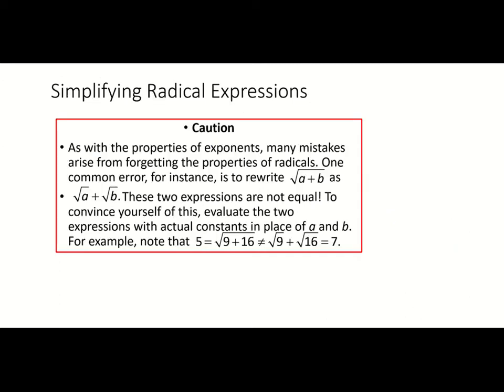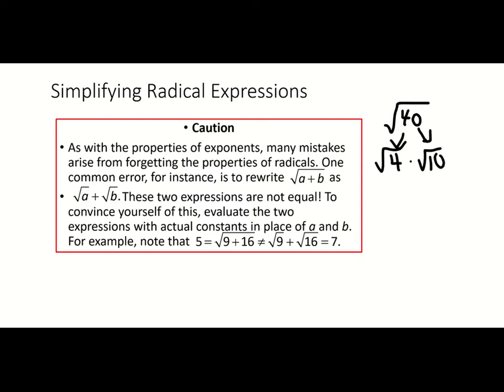All right, and here, just a word of caution when we're working with radical expressions. One thing to remember is that even though if we have a problem like we did earlier, the square root of 40, and I could break that down into 2 factors. So I could do the square root of 4 times the square root of 10.